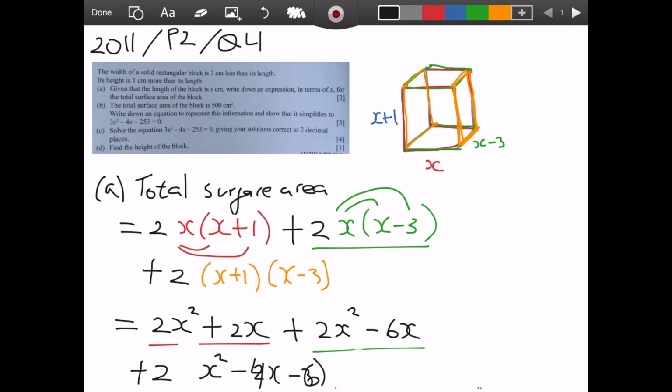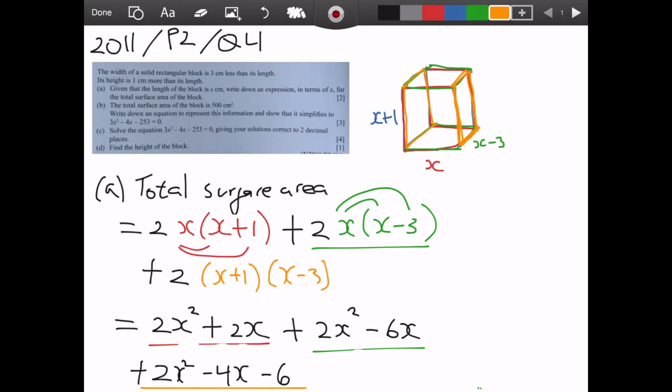Okay, so let's write it down neatly. 2x squared minus 4x minus 6. This one is the orange color.